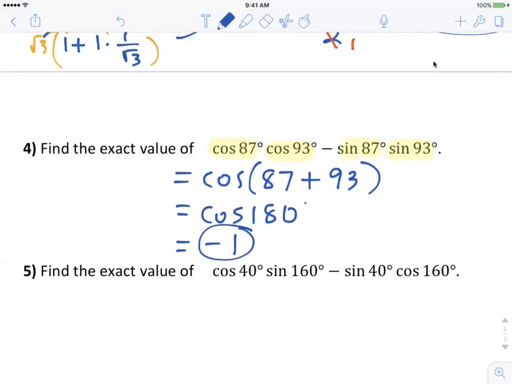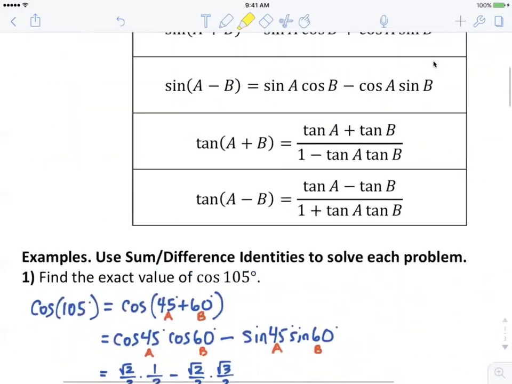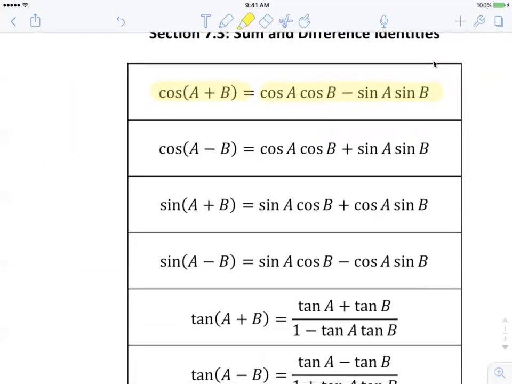So number 5, again, we're trying to match that structure with an identity. So I see I have on this one, cosine sine minus sine cosine. Okay, that seems like there should be something. This one's close. It's sine cosine minus cosine sine. It's the sine of A minus B. So I'm going to use that one.